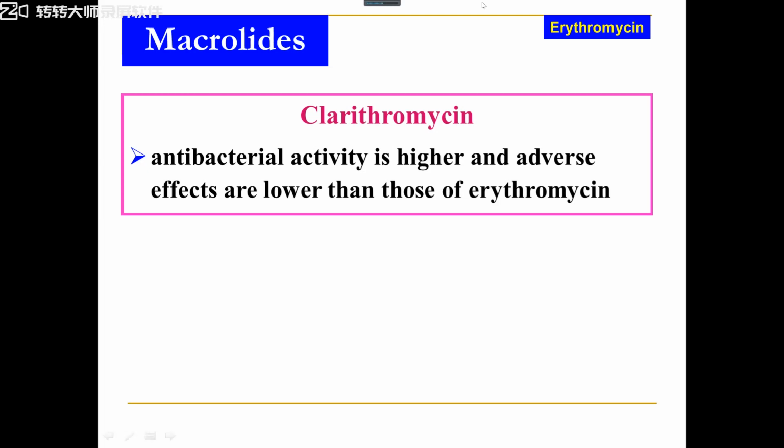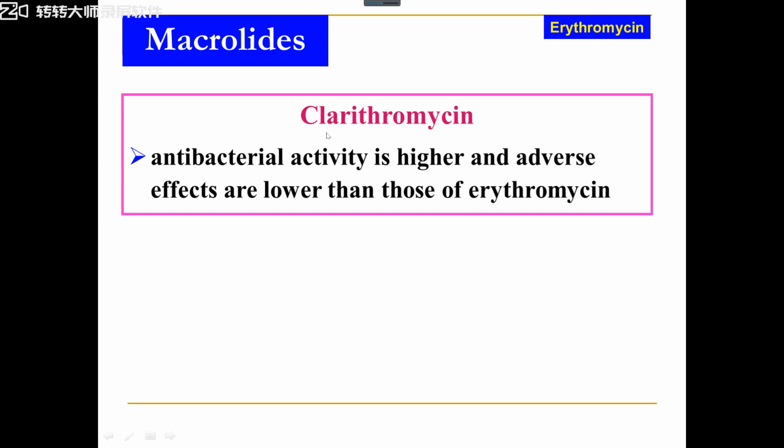This drug is clarithromycin. Clarithromycin's antibacterial activity is higher than erythromycin, and its adverse reactions are fewer than erythromycin.